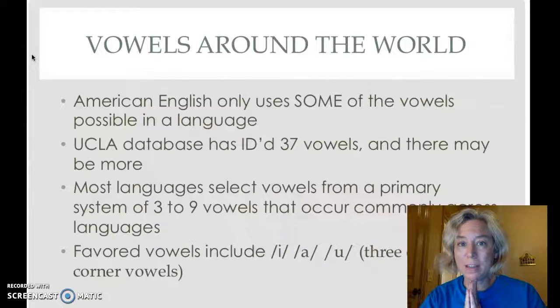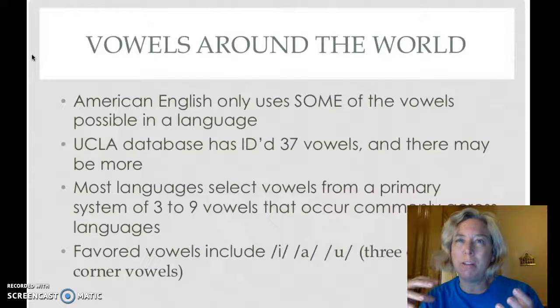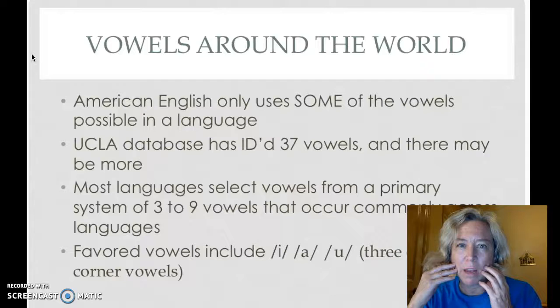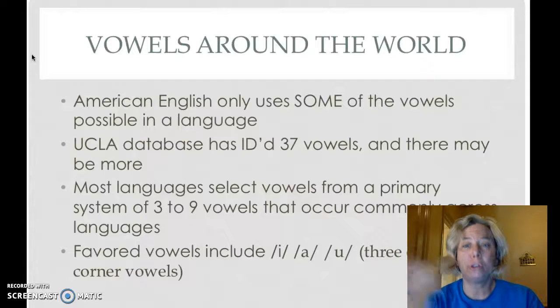We're going to talk today about vowels that are in languages around the world. We know that American English only uses some of the possible vowels that can be produced in world languages.